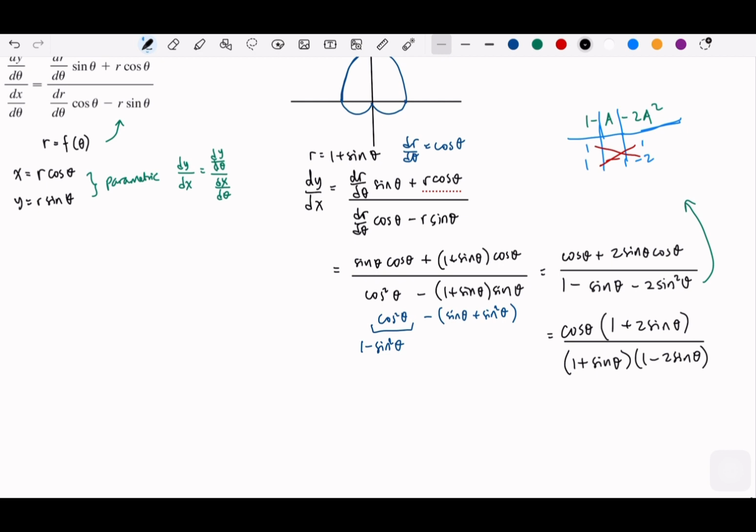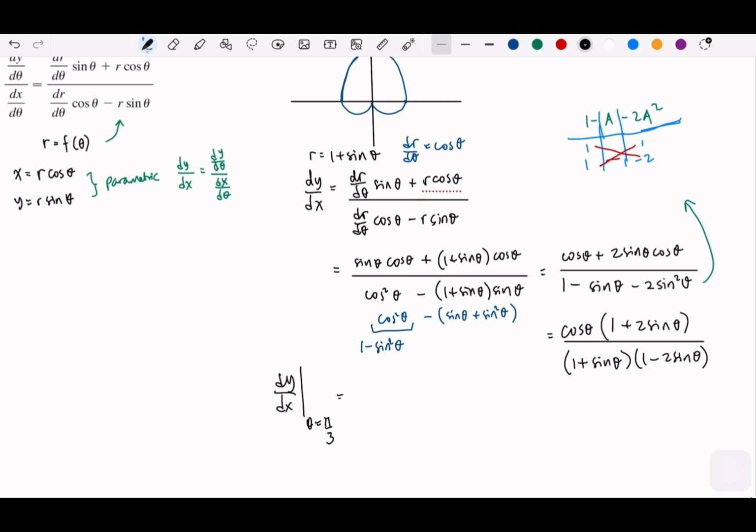I think we can just stop here, or if you want to stop up until this one, I think it is still okay, because our goal is just to take the slope at some angle, right? The angle is pi over 3, so let's just put pi over 3. So dy dx, and put theta as pi over 3. So basically we just change the input.